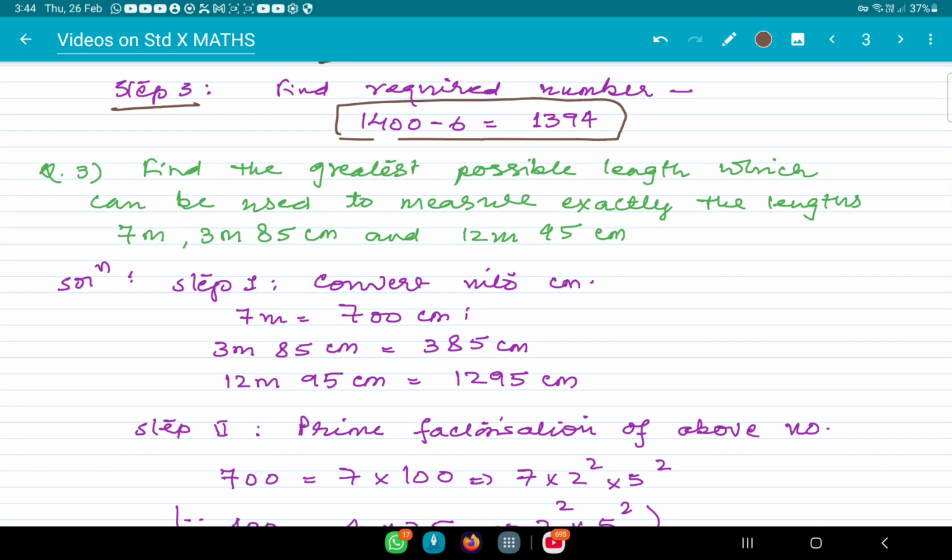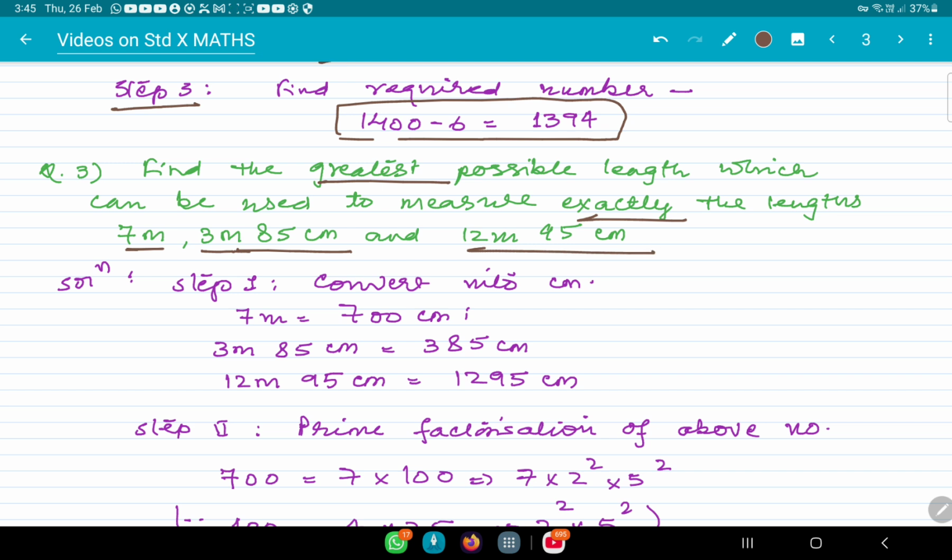Now we have another question. Find the greatest possible length which can be used to measure exactly the lengths 7 meter, 3 meter 85 centimeter and 12 meter 95 centimeter. So just see, these numbers are in the form of meters as well as centimeters.